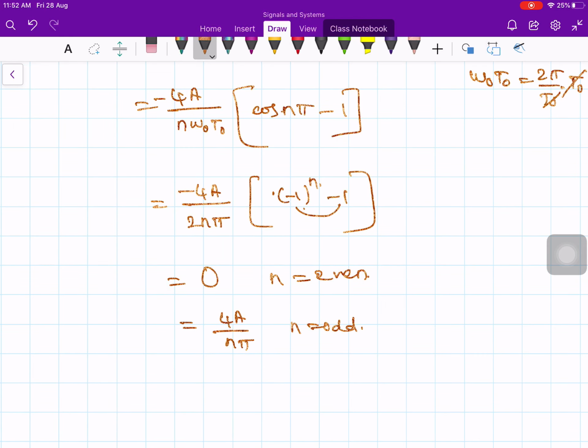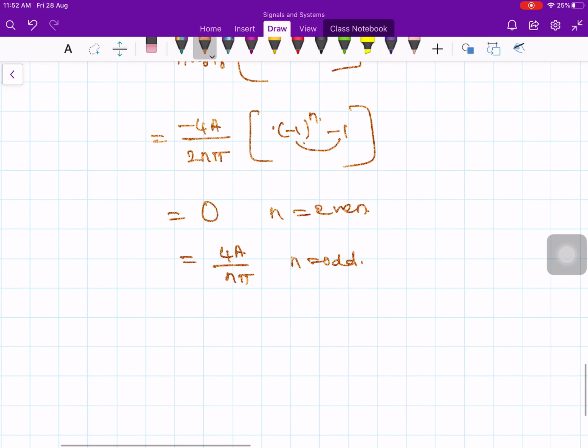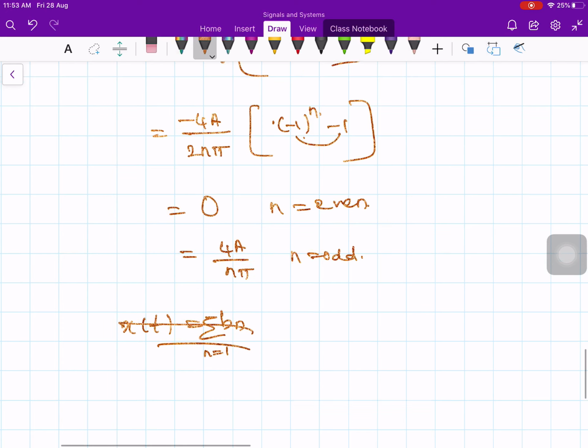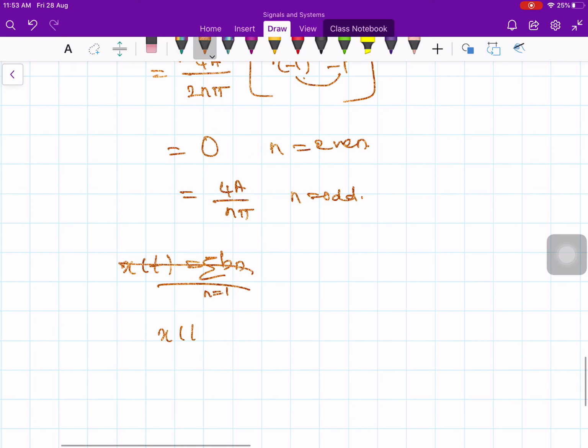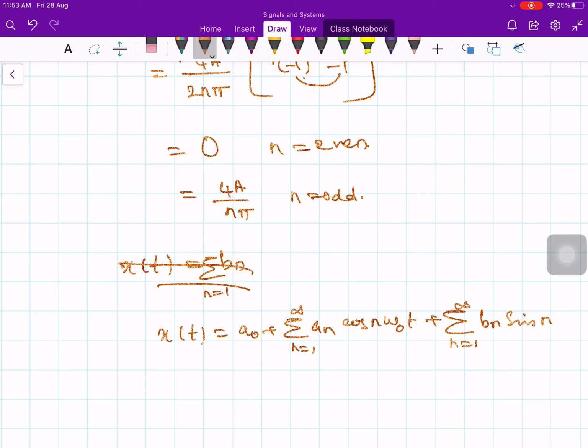So finally the Fourier series expansion for this would be x of t is equal to the general expression, a naught plus sigma n equals 1 to infinity a n cos n omega naught t, plus sigma n equals 1 to infinity b n sin n omega naught t.